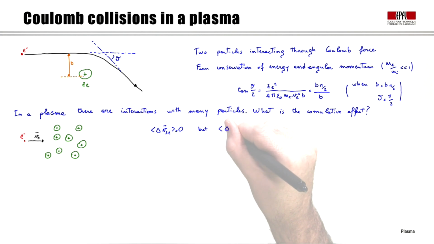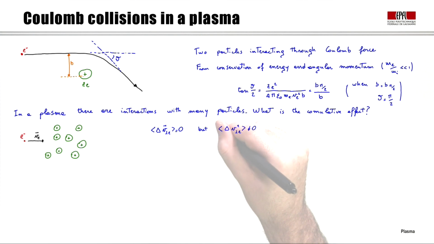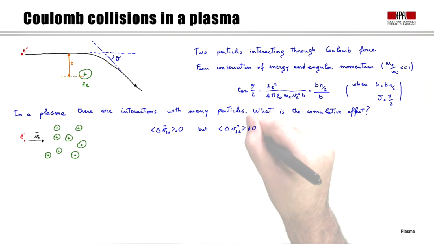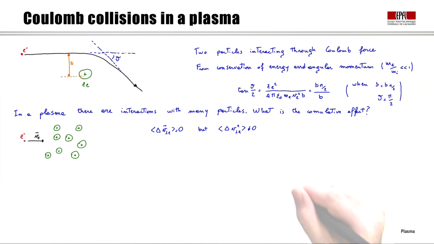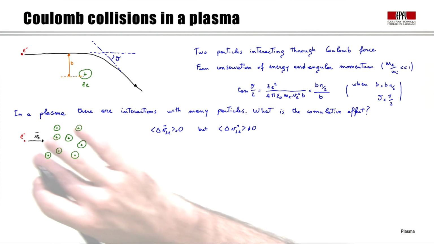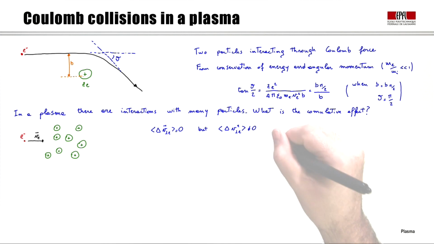However, the spreading of the perpendicular electron velocity will not be equal to 0. Here, with perpendicular and parallel, I mean perpendicular and parallel to the initial velocity of the electron.